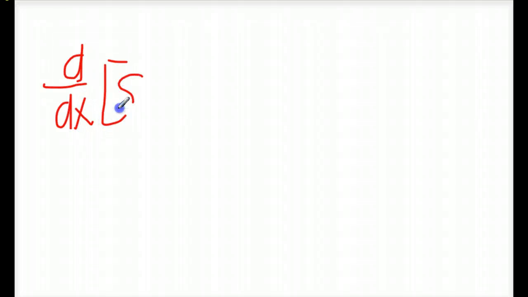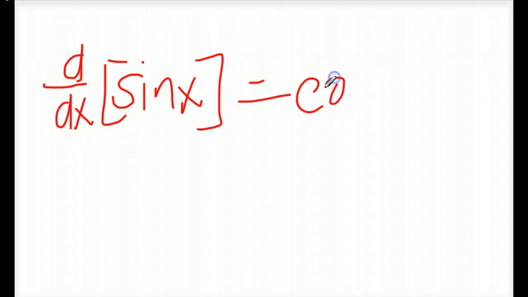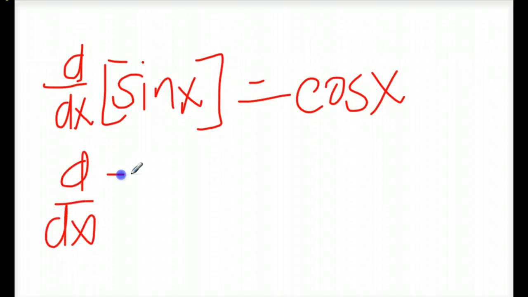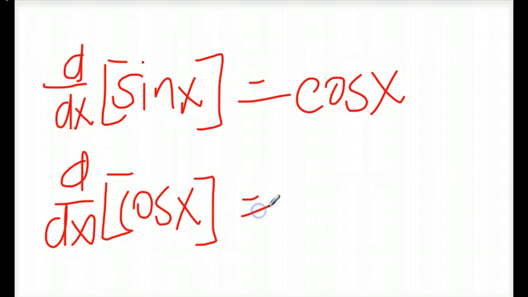Just make sure you know that the derivative of sine of x is equal to cosine of x, while the derivative of cosine of x is equal to negative sine of x.